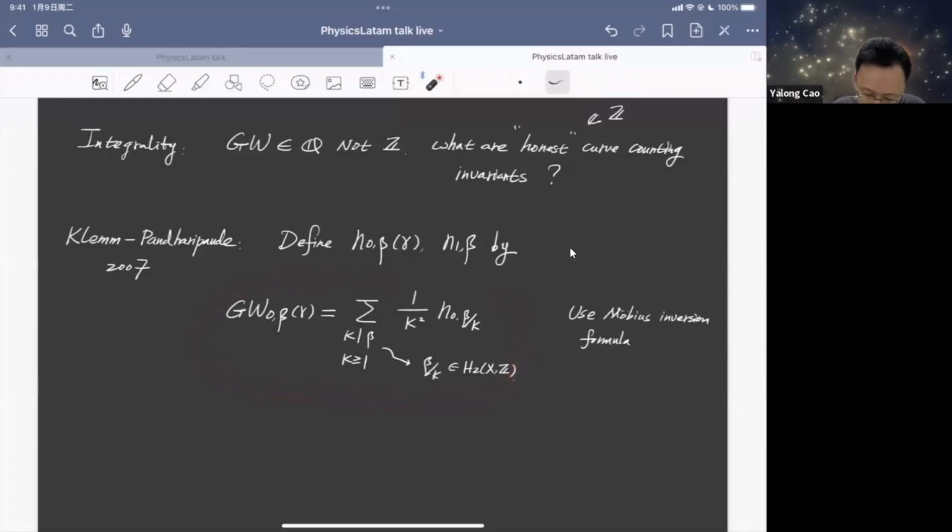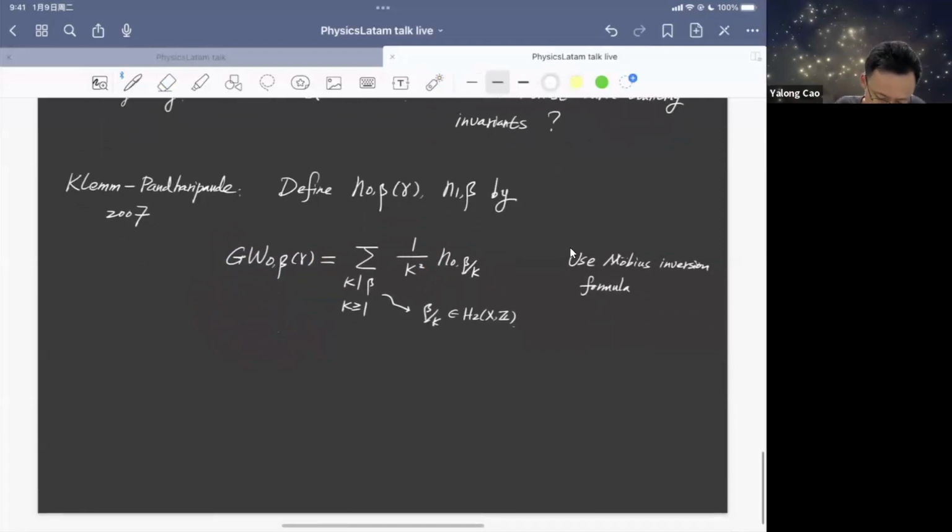That means you can define this n0 beta by GW0 beta. So these two series of numbers, if you vary all possible beta, contain equivalent information through these formulas. In this way, we define some rational numbers through the Gopakumar-Vafa invariants defined by integrations.